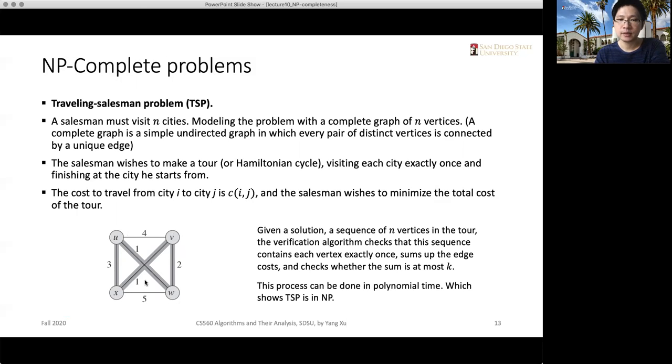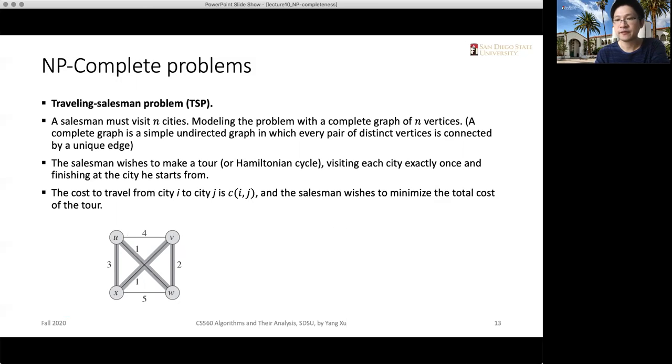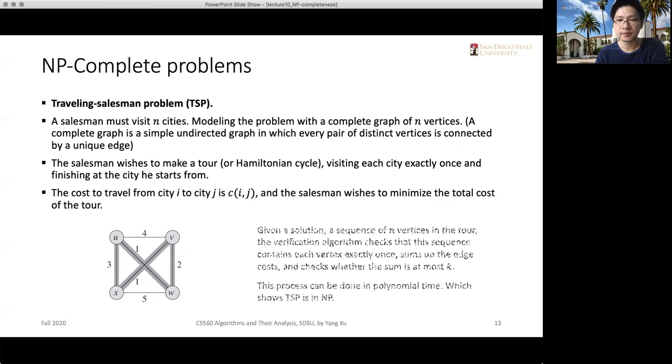But let's look at how easy it is to verify. Given a solution, it will be a sequence of n vertices. The verification algorithm will check that this sequence contains each vertex exactly once, sum up all the edge costs, and then check whether the sum is at most some value.